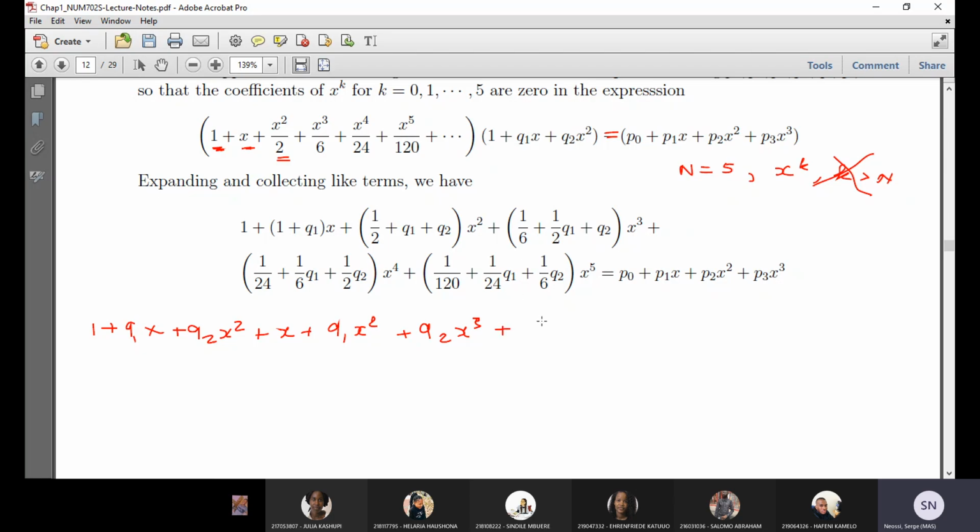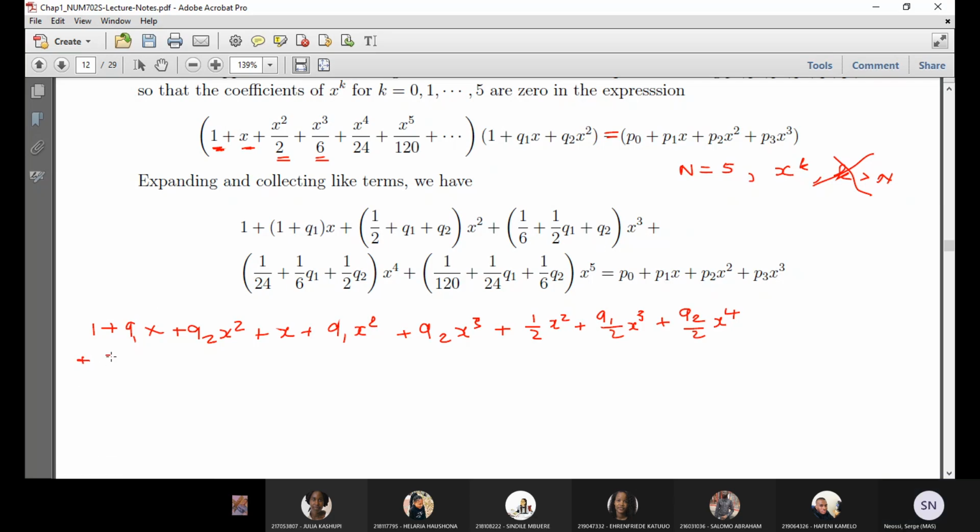So plus 1/2 x squared plus q1 by 2 x cubed plus q2 by 2 x to the 4. Now for this one, if I multiply throughout, the maximum will be 5, so it's correct. I can use this and multiply throughout. So I will continue here.